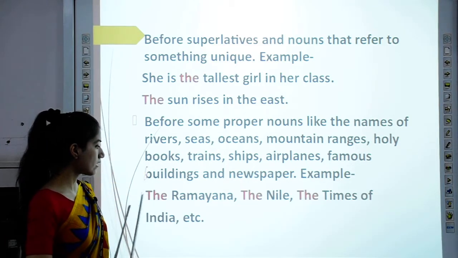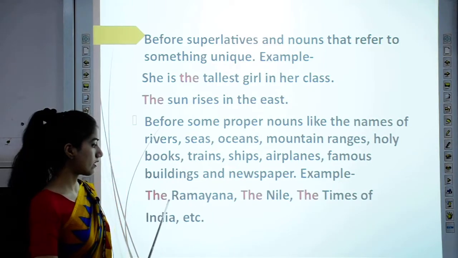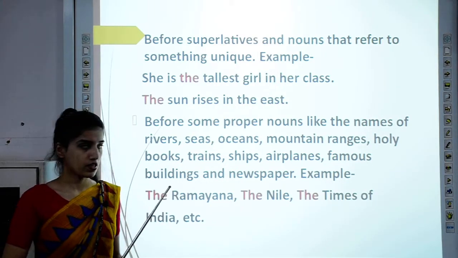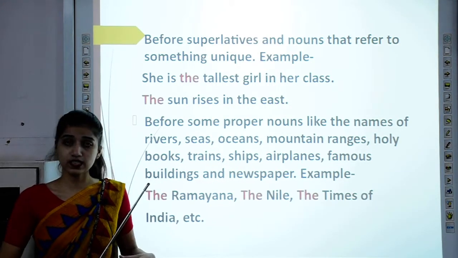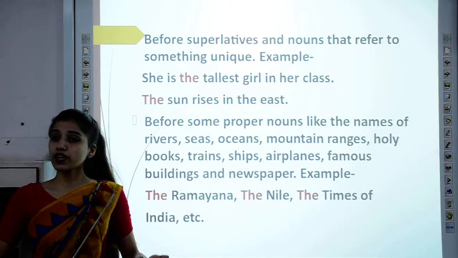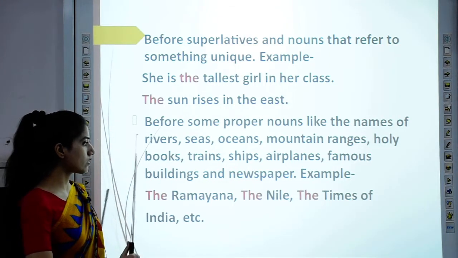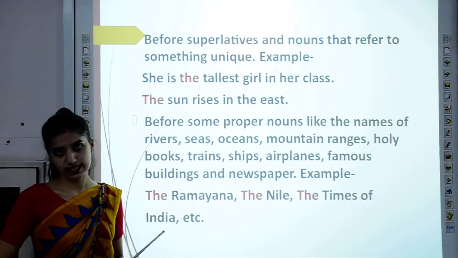Some examples are the Ramayana, the Nile, which is the name of a river. The Ramayana is the name of a holy book, like the Gita, that is also a holy book, right? The Times of India, which is the name of a newspaper. So these are some examples justifying this statement.